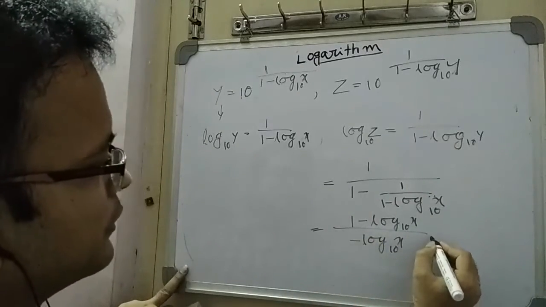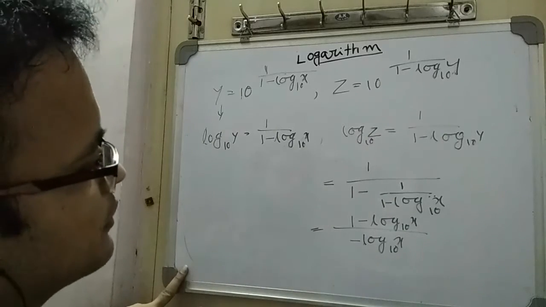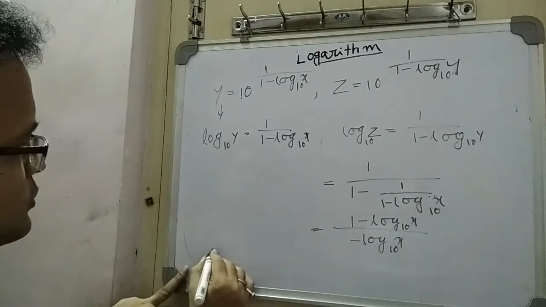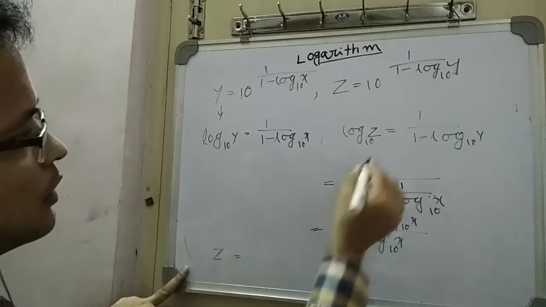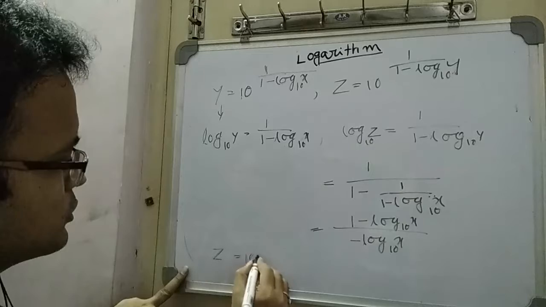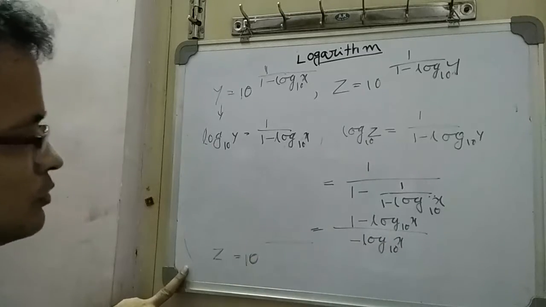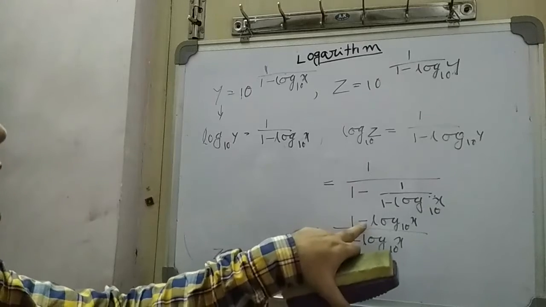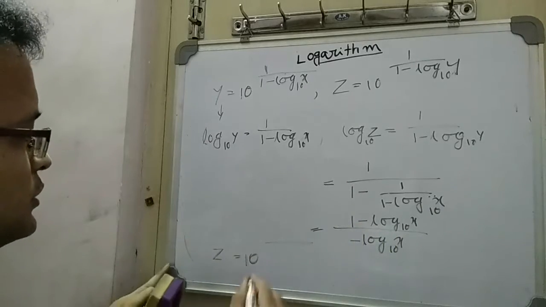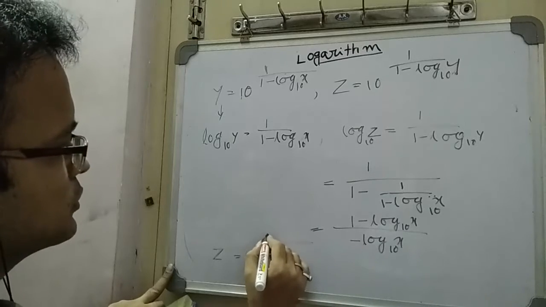Now it is minus. So what is the value of z? z will be 10 to the power this. Complete this thing. The minus sign I can put here, so log x minus 1 I can write here, or if you want to put it that way, that is also okay.